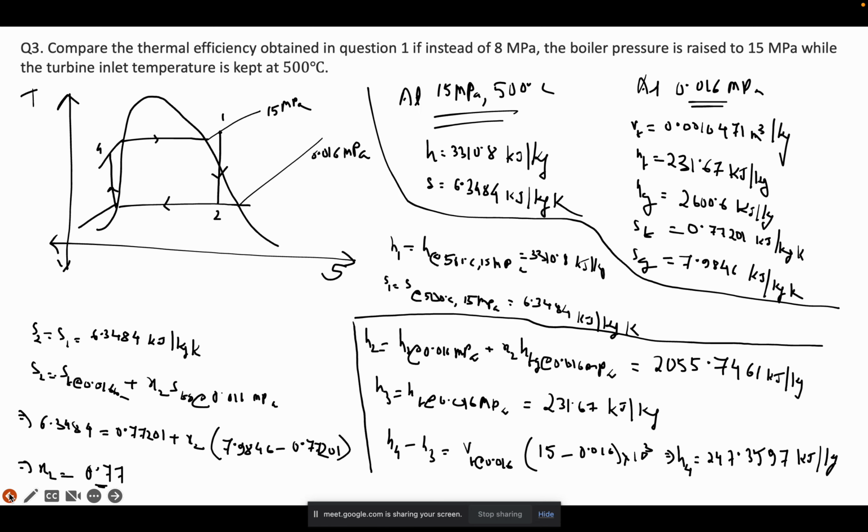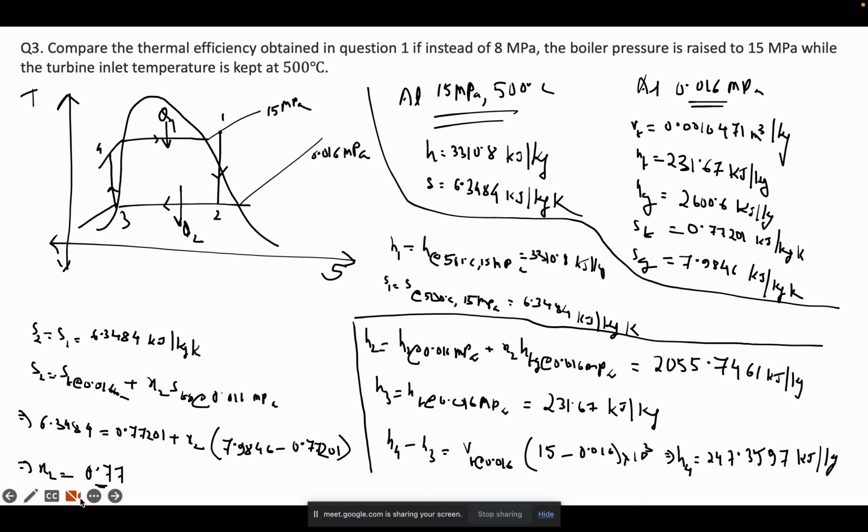Okay, now I need to just calculate the efficiency eta, which is nothing but 1 minus Q2 by Q1, and this will be 1 minus Q2, this is Q1 and this is Q2. Okay, this is the point 3.